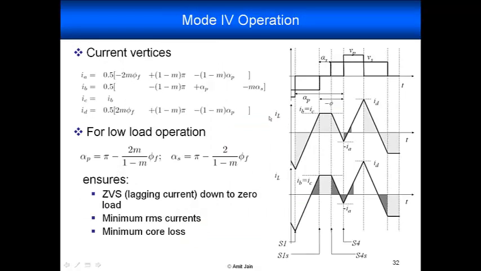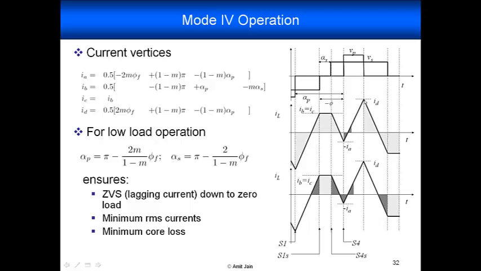I said that mode 4 operation is useful at low power. If we look at the waveforms in detail, the current waveforms in detail, we'll find operation to have this kind of current waveform.